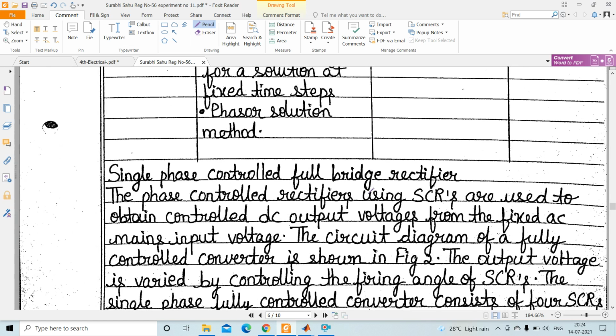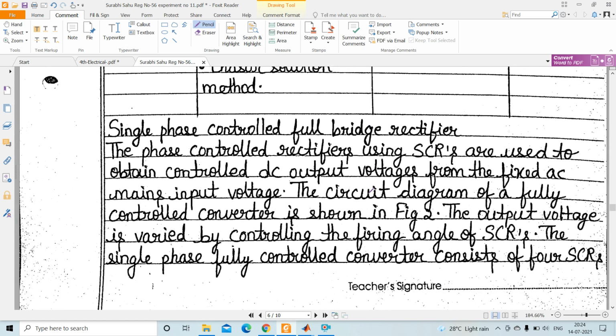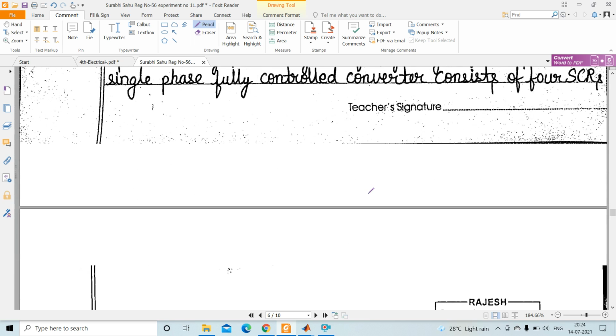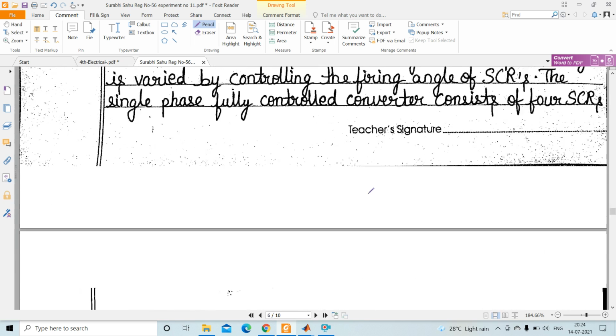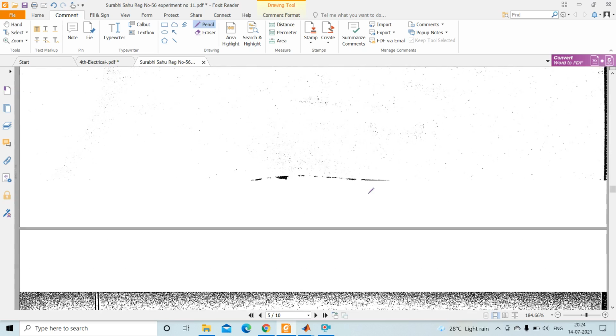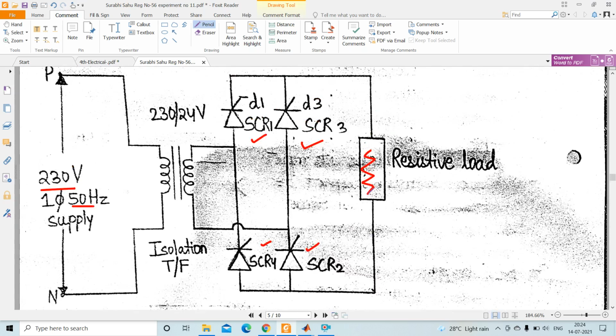Okay, so for the single phase controlled full bridge rectifier, I already described its diagram. This is the diagram mentioned over here. Its operation I will just explain once, how it operates. So let's see, when I give, this is the supply.